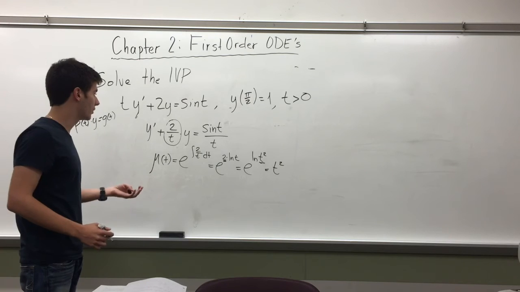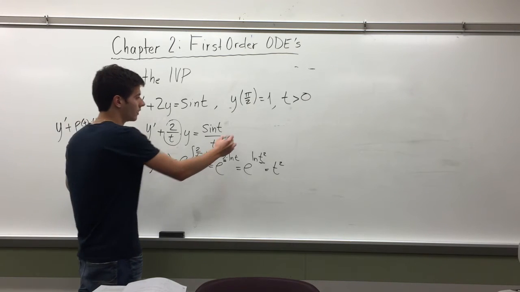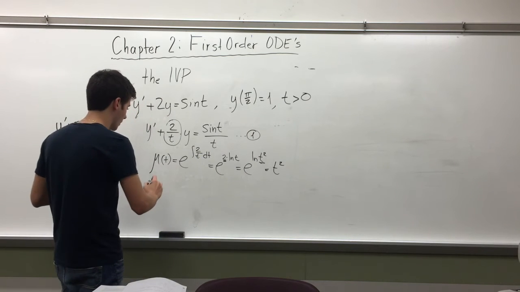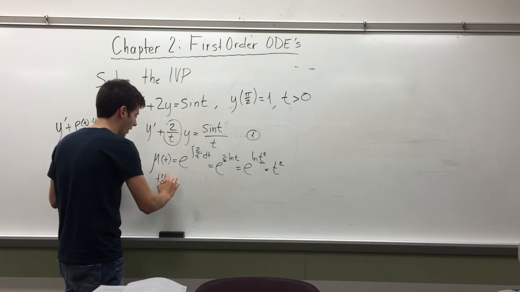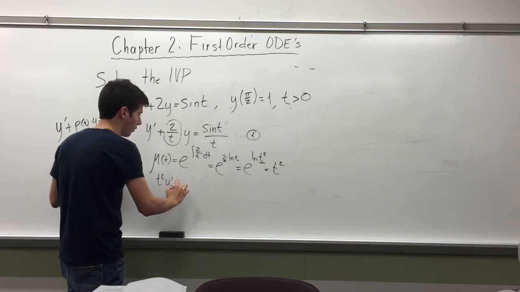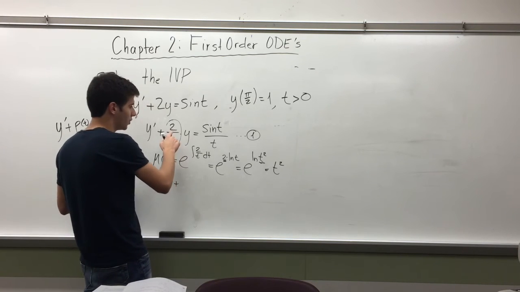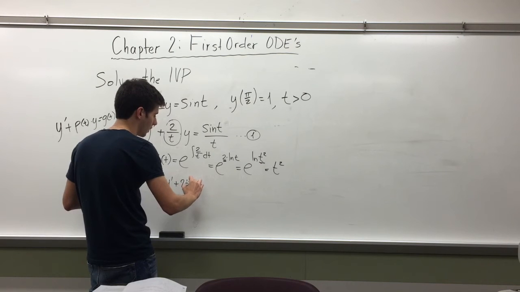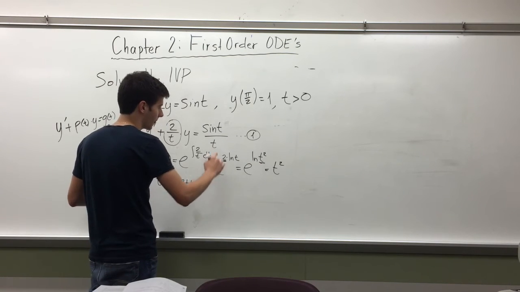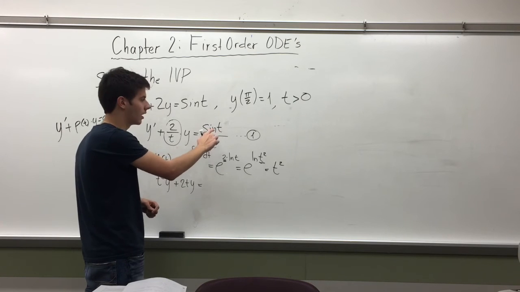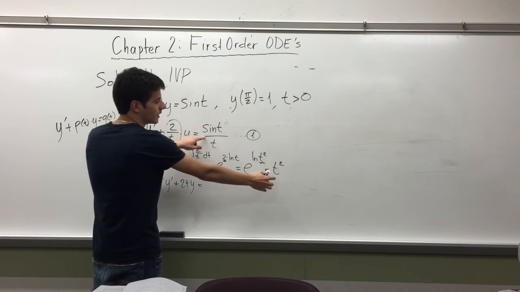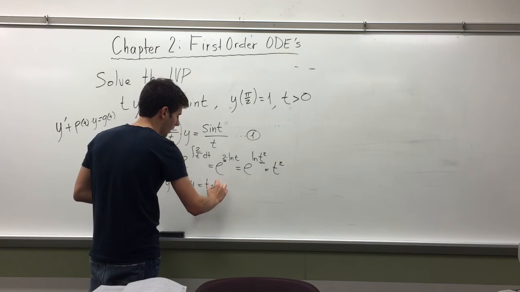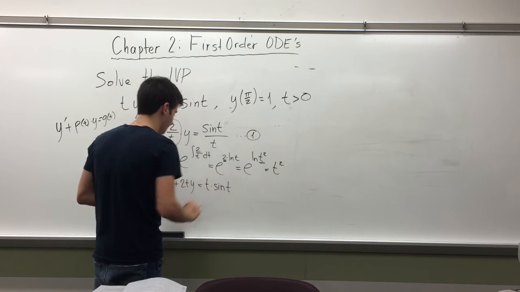Next step is to multiply this equation by our integrating factor. So we're going to have t squared y prime plus 2t times t squared, which is just 2t y, equals sine of t over t times t squared, which is just t times sine of t.